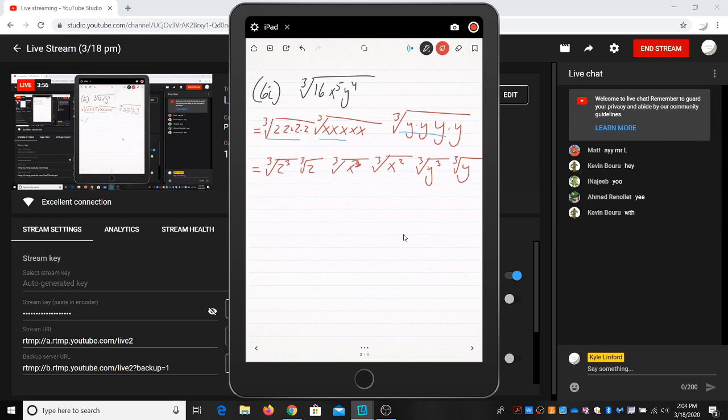As we go about simplifying this, 2 cubed, and the cube root of that is just 2. The cube root of x cubed is just x. And the cube root of y cubed is just y. And the rest of these are just left by themselves in the radicand. So the final answer should be 2xy times the cube root of 2x squared y.